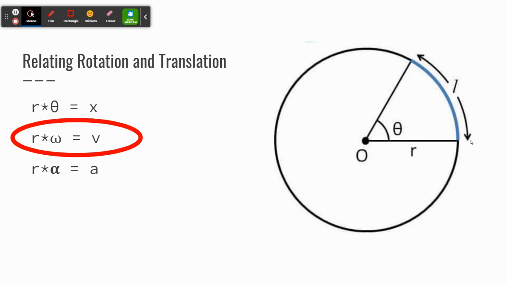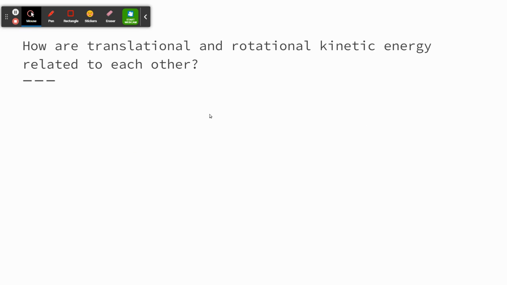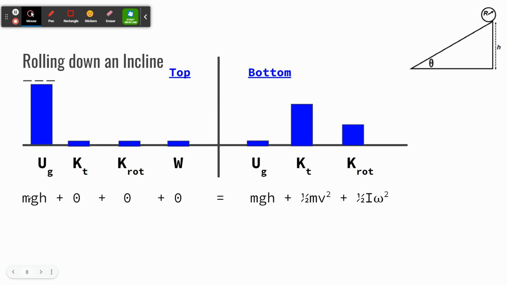Here it's labeled L. Usually you'll see it labeled X. And if you're in calculus, you'll see it labeled as S for the arc length. The one thing that we're going to be noticing here, though, or using a lot, is that velocity is equal to your radius times your angular velocity. So we've already taken a look at that.